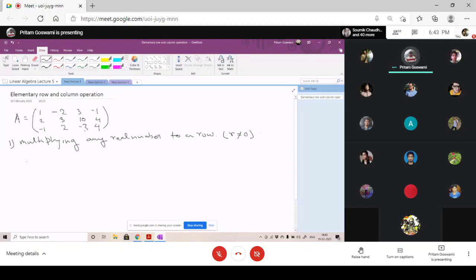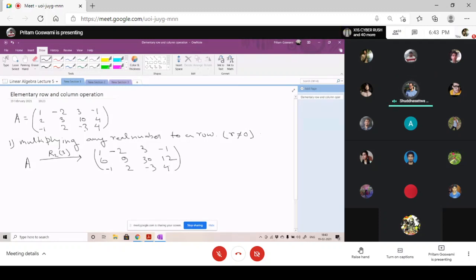So if I say this matrix A and I multiply the second row by 3, then after the operation the matrix will become like this: 3 times the row, giving 6, 9, 30, 12, minus 1, 2, minus 3 and 4. That is the first type of operation. Is it clear?